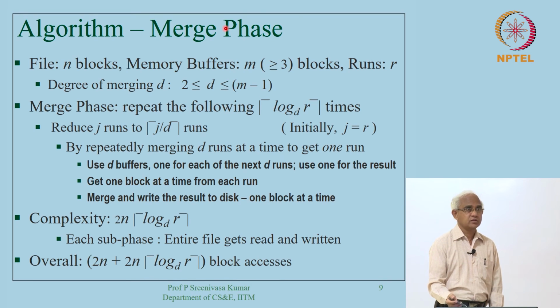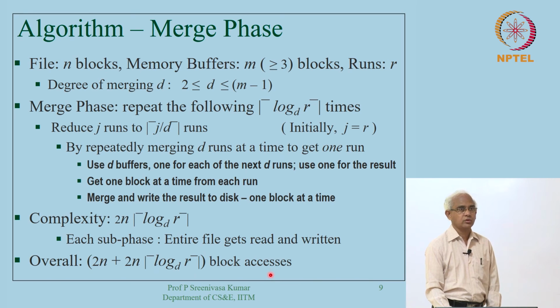In the sort phase, we used 2n block accesses to create the initial set of runs. And in the merge phase, we are using 2n times log r to the base d block accesses. So, this is the overall number of block accesses you have to do to sort a file, an external sorting, using the most efficient algorithm, merge sort.